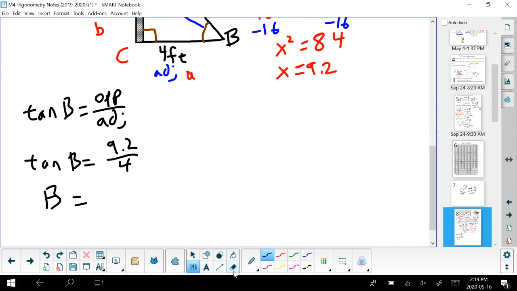So now this is where having a graphing calculator comes in handy, so you can see exactly what's happening. Instead of turning this into a decimal right off the bat, I'll take the inverse tangent of 9.2 divided by 4, and I'm going to put that into my graphing calculator.